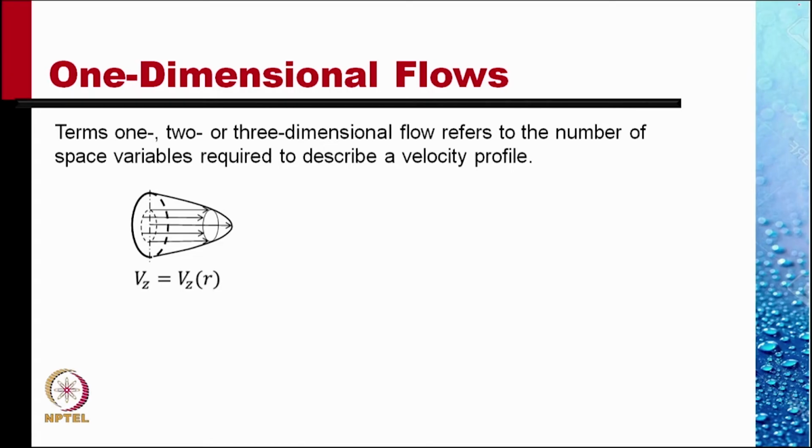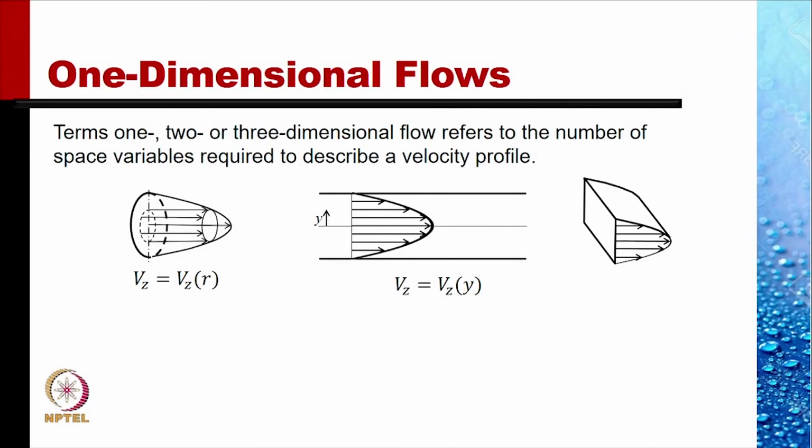We have discussed earlier that if the flow is laminar, this profile is parabolic. It varies like r square. We need only one variable r to describe this profile. That's why this is called a one-dimensional profile.